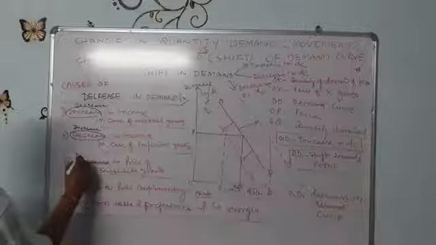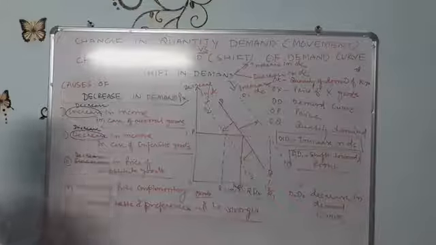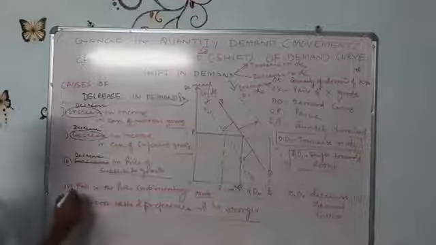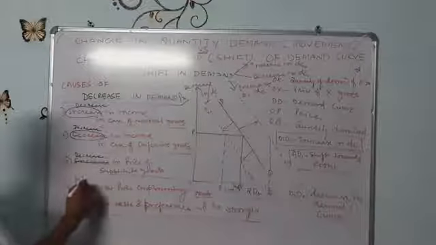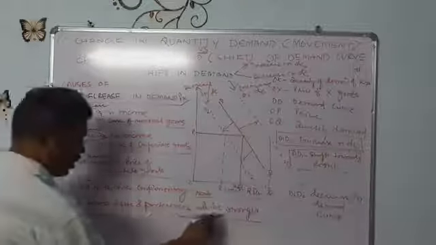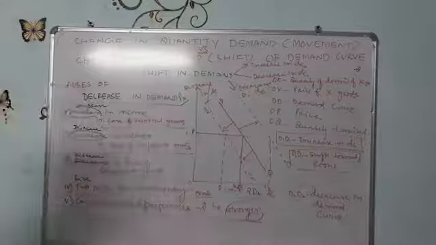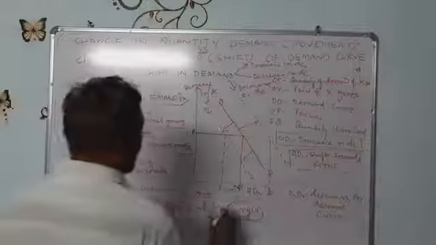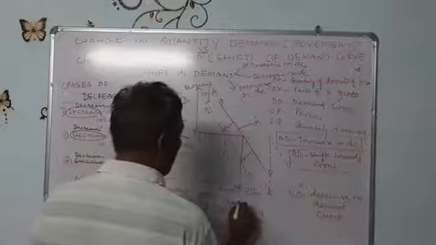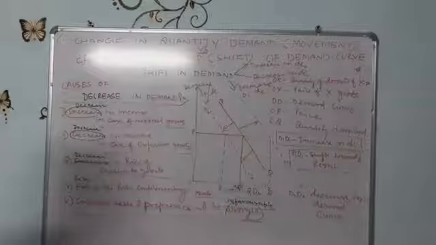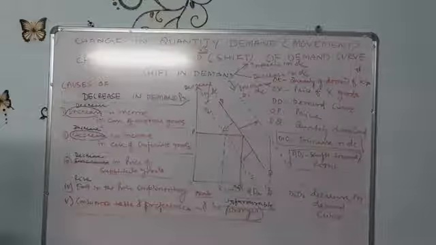Here is the decrease in the price of substitute goods. Here is the rise in the price of complementary goods. And here consumer taste and preference will be unfavorable, not stronger. These are the causes of decrease in demand.